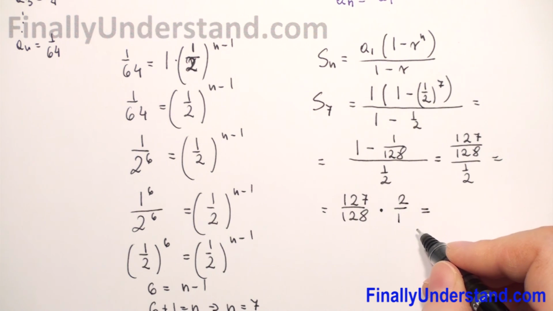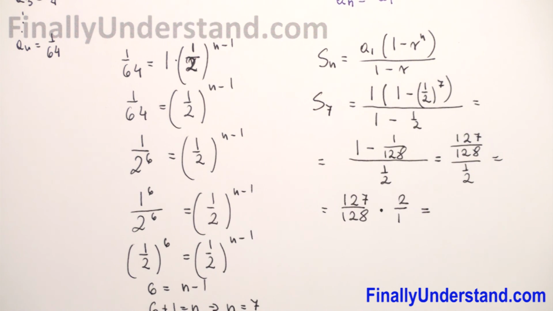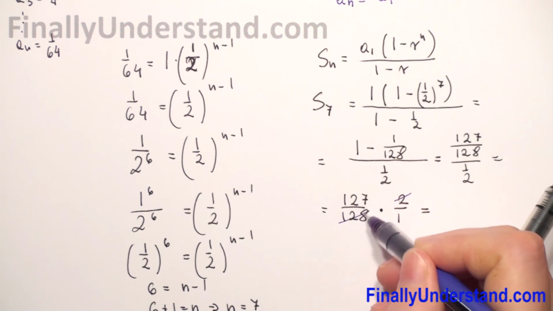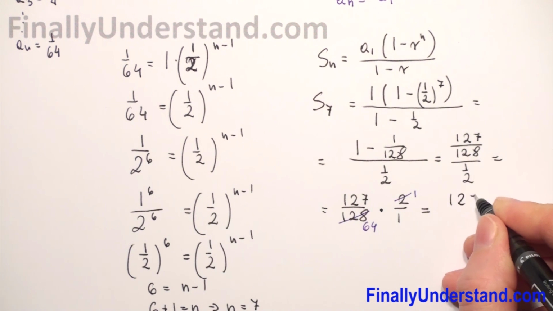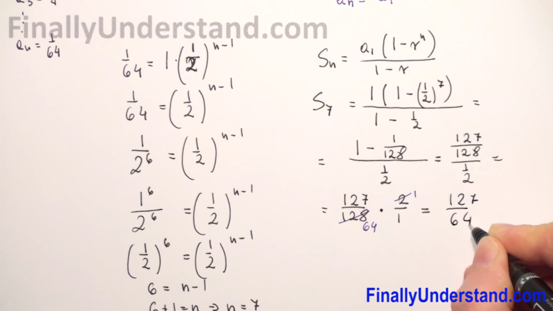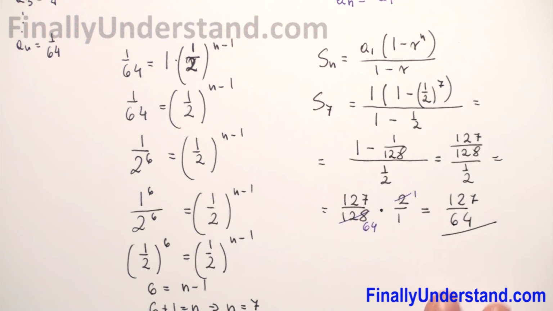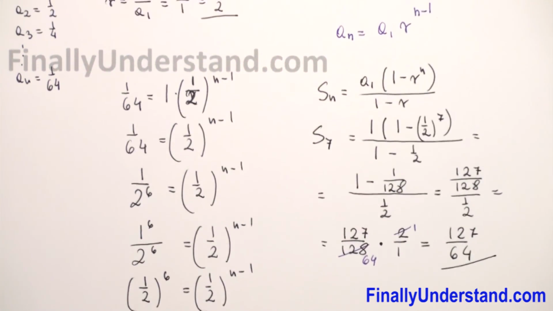We can reduce 2 with 128: it is 64 and 1. So we have 127 over 64. This is the sum of our geometric progression.